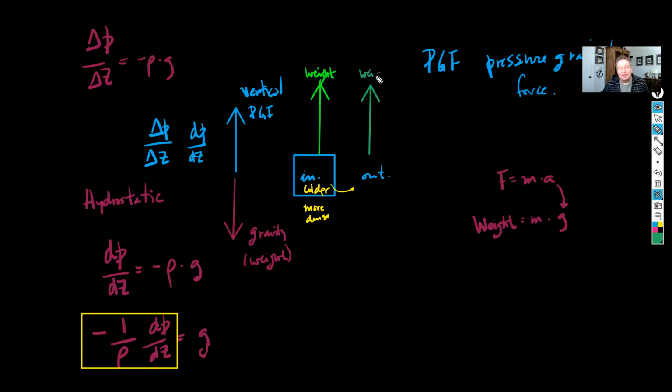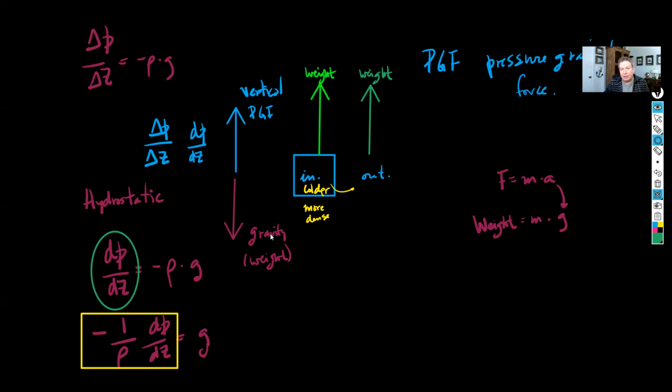And since we're at the same location in the atmosphere, in and out of the parcel, we have the same weight of the air above you. So basically what we're saying is that the change in the pressure with height is the same both in and out of the box.